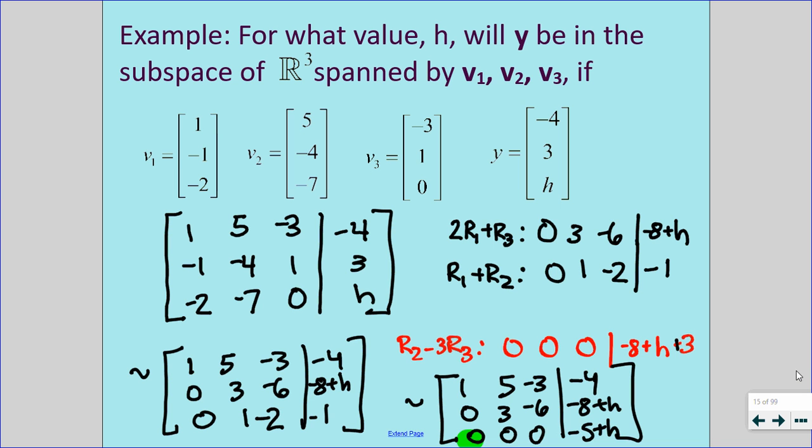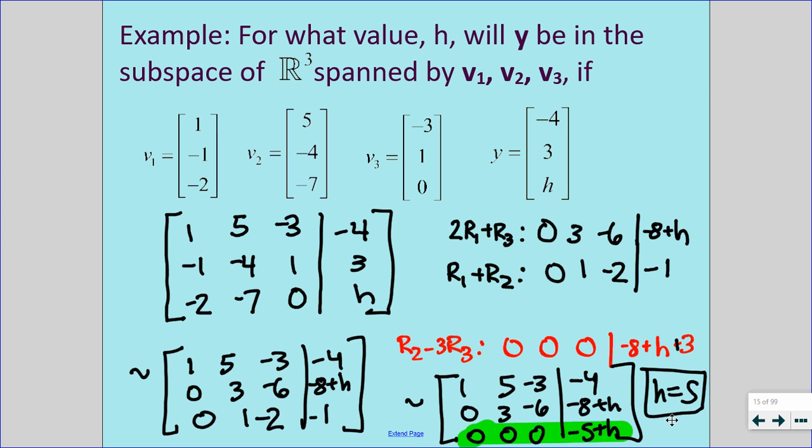So looking at this row, in order for V1, V2, and V3 to create y using a linear combination, h would have to be 5. So that is how we can get y into the span, is if h equals 5.